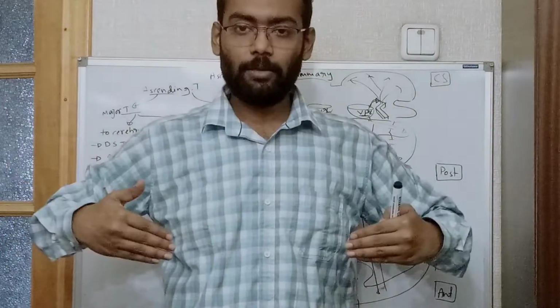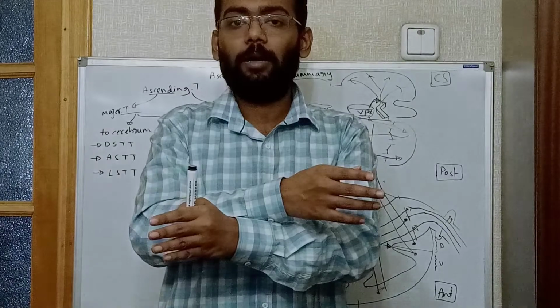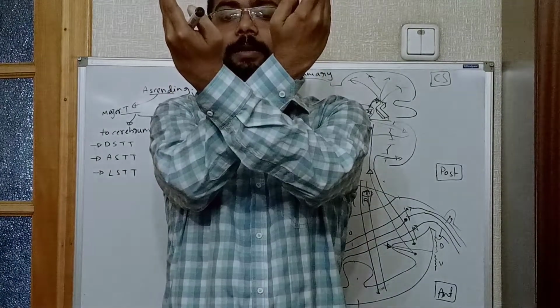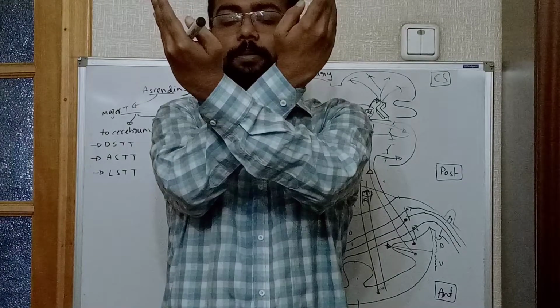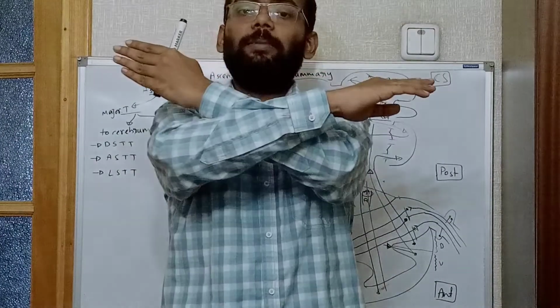Now fibers are coming, crossing, going to the anterior part of the lateral white column, then moving upward, then via the superior cerebellar peduncle going to the cerebellum, then again crossing and coming to the ipsilateral side.